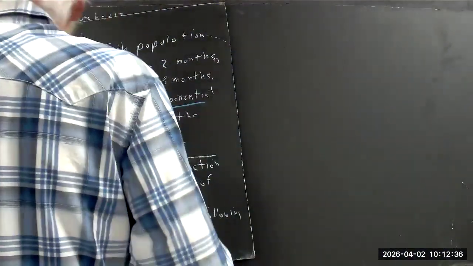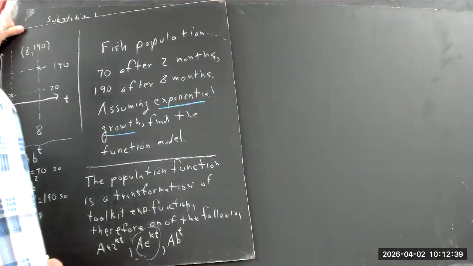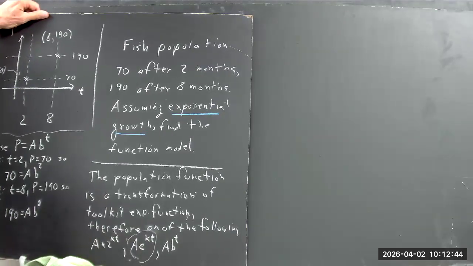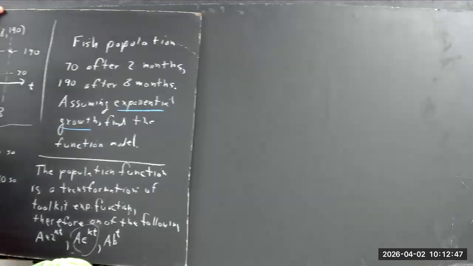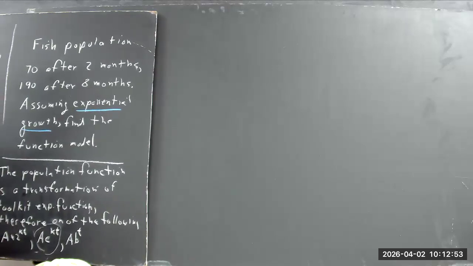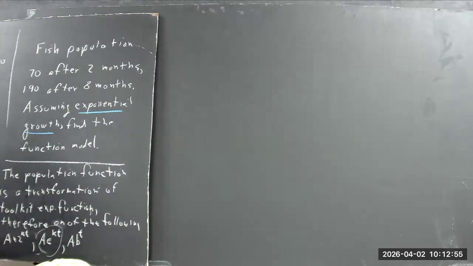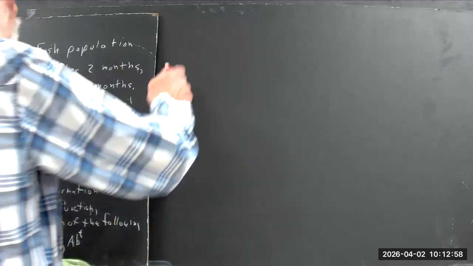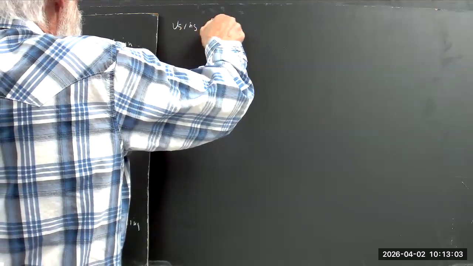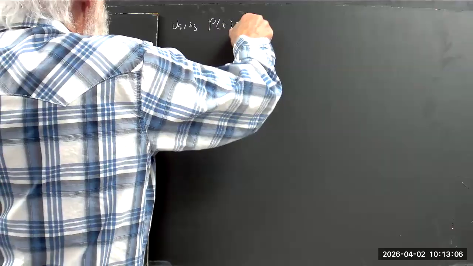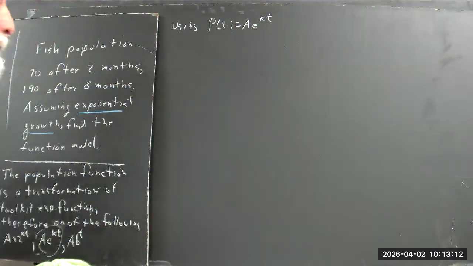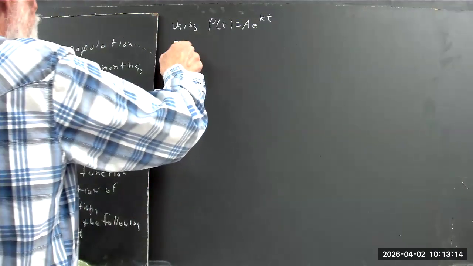So let's go ahead and find the model in the form A e to the kt. Okay, so using the model A e to the kt, we get the equations.